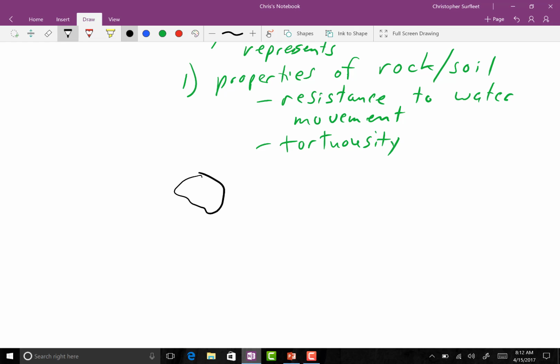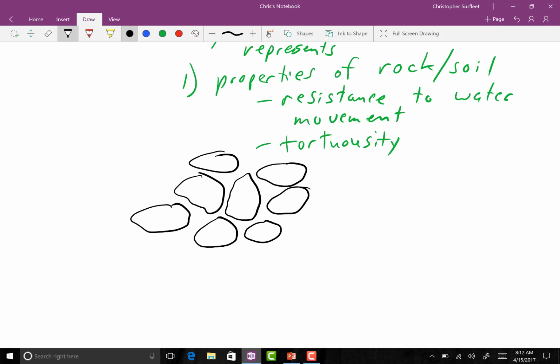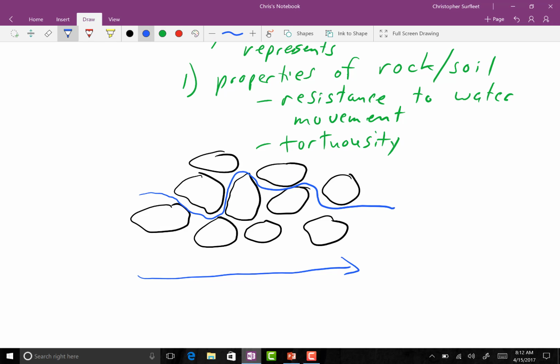So here we have an aquifer composed of, say, lots of little gravel particles. If you had water moving in an open channel, it would just take the path of the channel. But in the case of groundwater, the water has to take a very tortuous path.